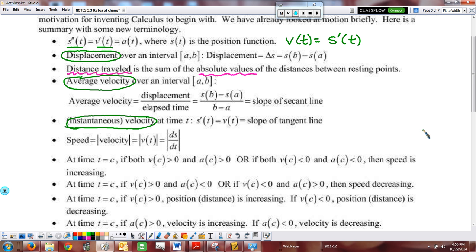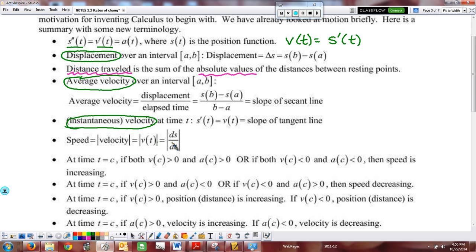Okay, you might decide that going right is positive, going left is negative. Your speed is the absolute value of your velocity, because speed only has to do with how fast, not in a certain direction. Because you could be going 50 miles per hour forward or 50 miles per hour backwards. Your speeds are the same, but your velocities are opposite of each other, okay?